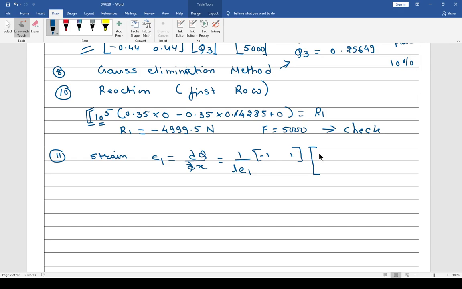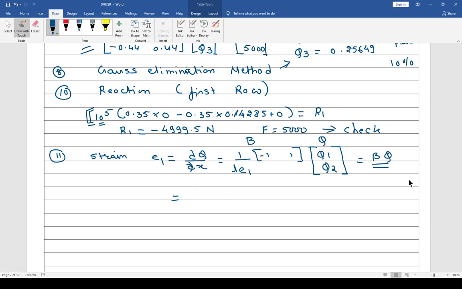For element 1, the degrees of freedom are q1 and q2. This derivation we have already done, you could just recall it. So dq by dx is 1 by le, which I have written as B into q, if you remember, where this matrix is B and this matrix is q.